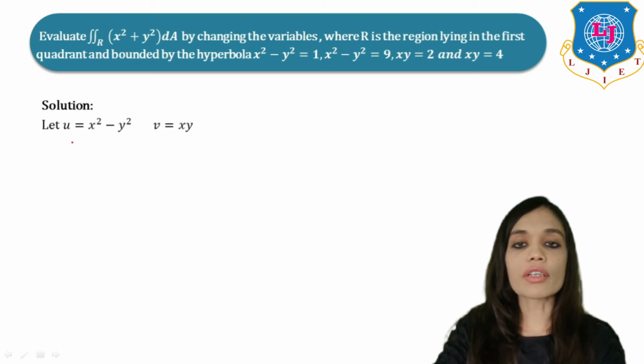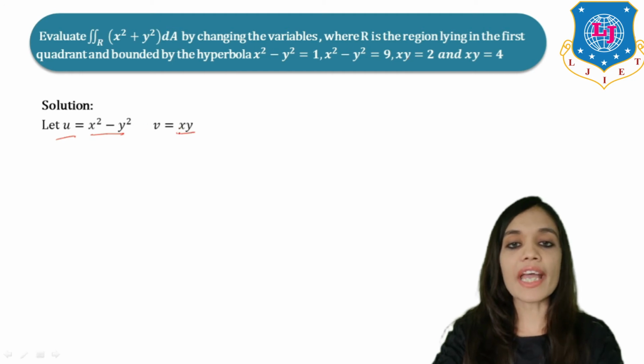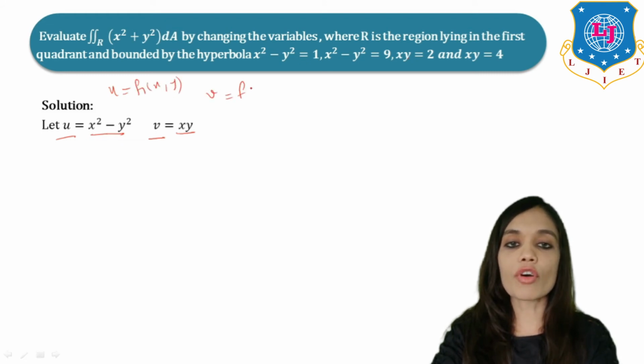So you are given x square minus y square and xy, right? So what we will do, we will suppose x square minus y square as u and xy as v. So here too you have the form as u is equal to f1 of x comma y and v is of the form f2 of x comma y.